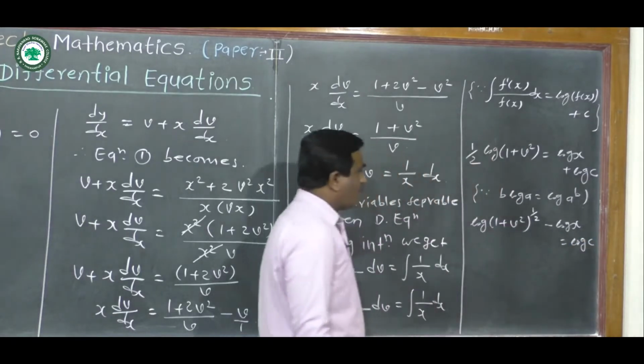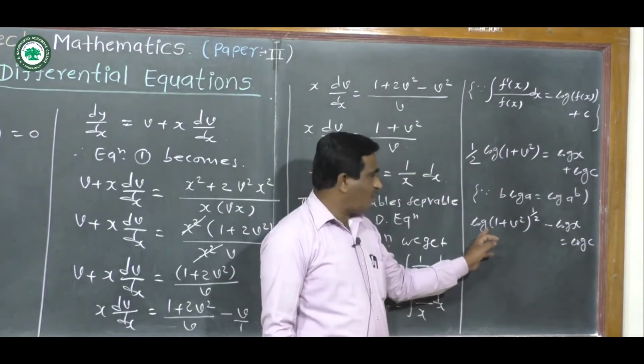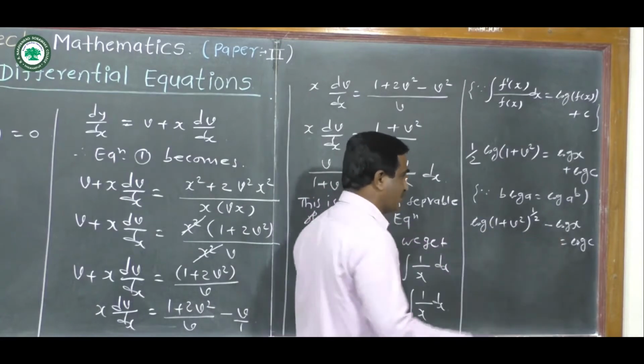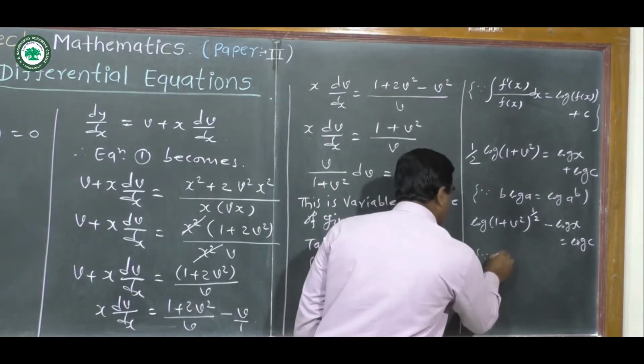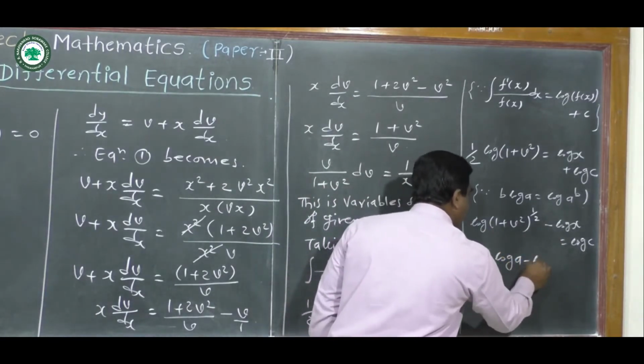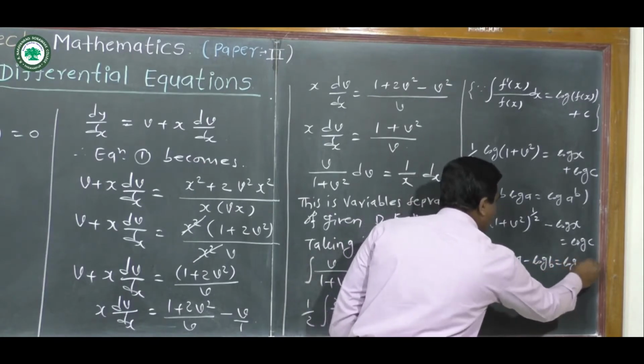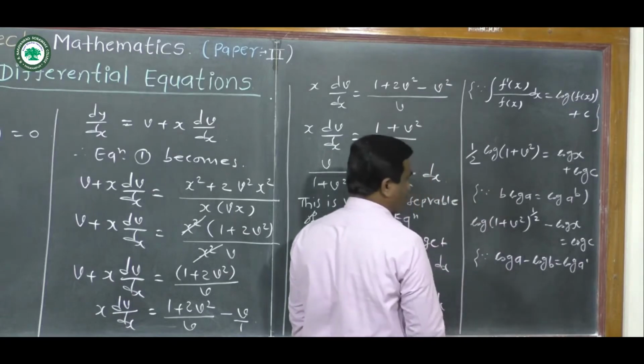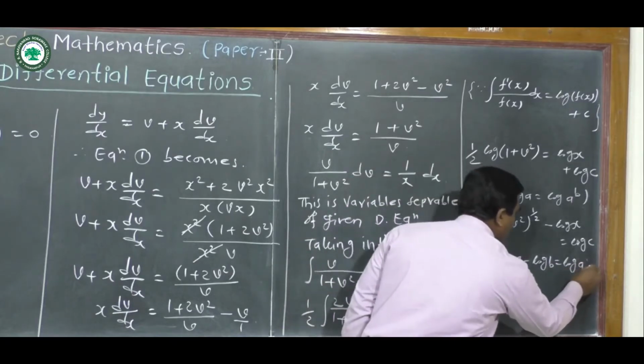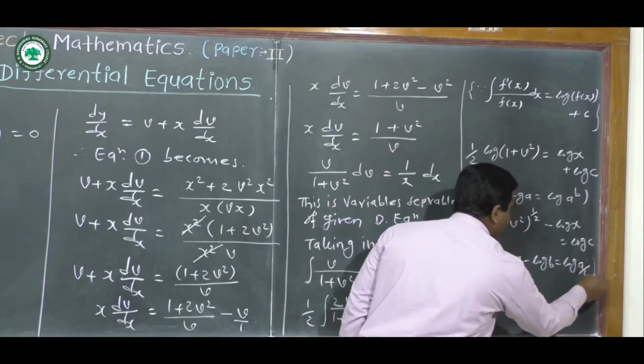Okay, now we can use here the formula for logarithm: log a minus log b is equal to log of a upon b.